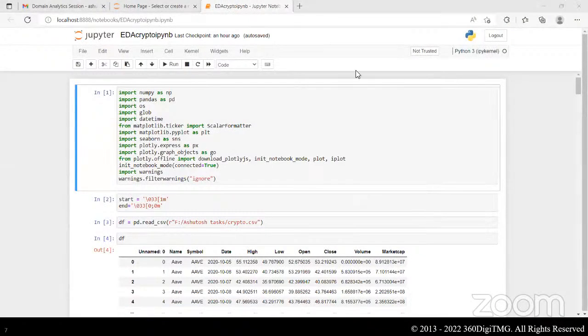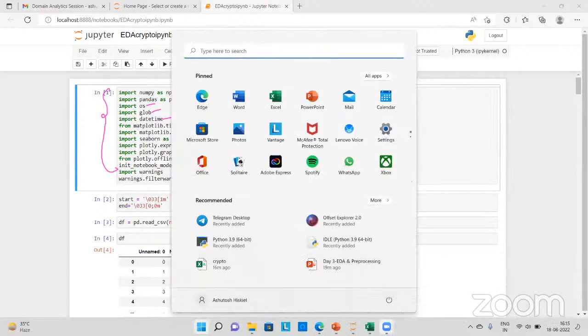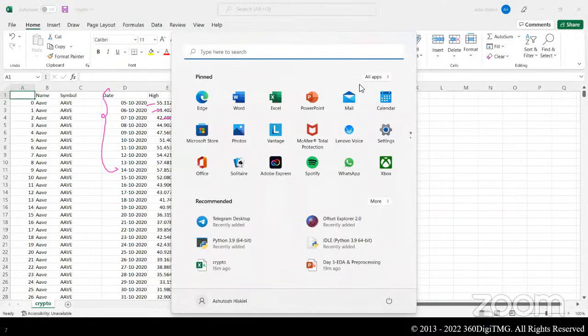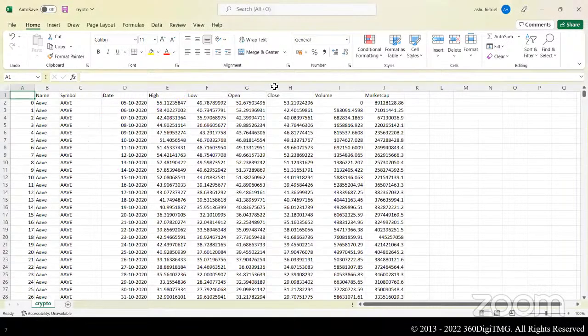Okay. So here, guys, I've imported my required libraries. I've imported NumPy as np, Pandas as pd, OS, Glob, datetime, matplotlib.ticker. From that, I've imported ScalarFormatter, and so on and so forth. Even before this, let me show you the dataset. So this is the dataset I have used.